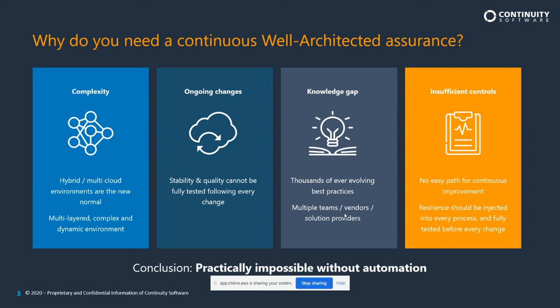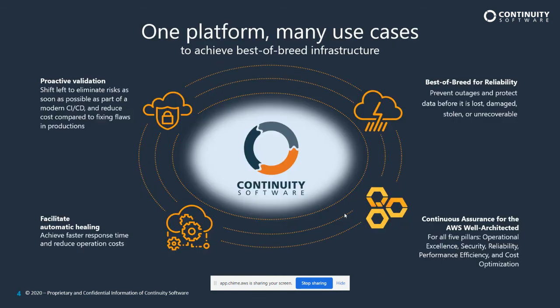So all of these together eventually put the customer in a position where they need to automate, and they need to have a kind of continuous assurance for their configuration.